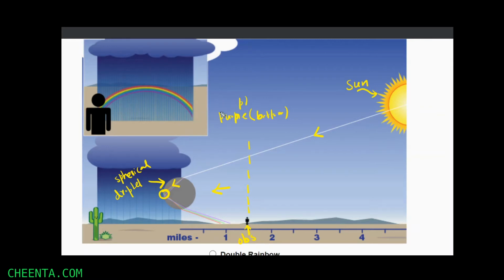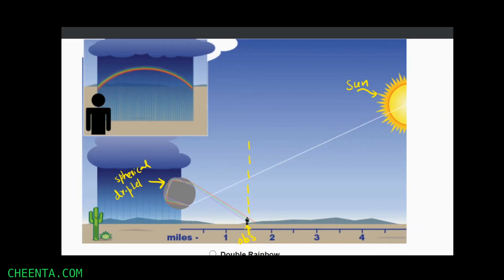So I hope we are all clear about the primary rainbow. Now let's see what we mean by secondary rainbow. As you have already guessed, the secondary rainbow is when there are two reflections. That is, I have considered again a single ray of light, as shown here, that comes and goes inside the droplet, and there, as you can see, there are two reflections.